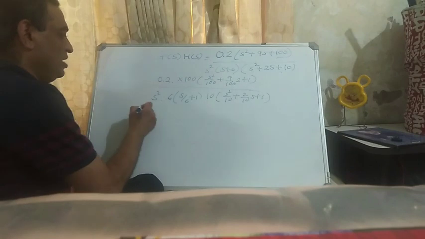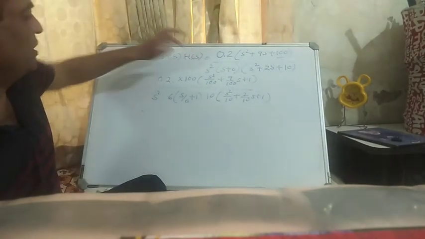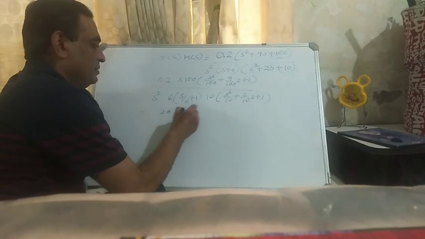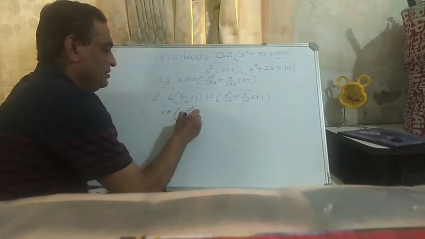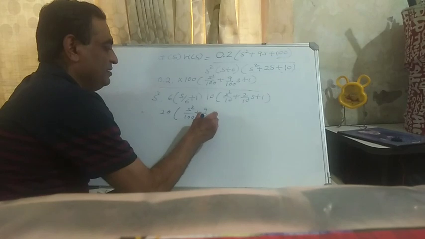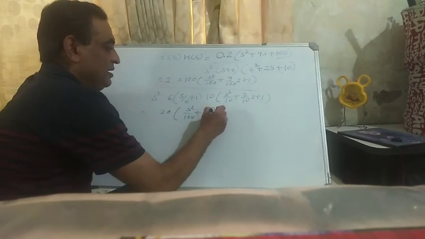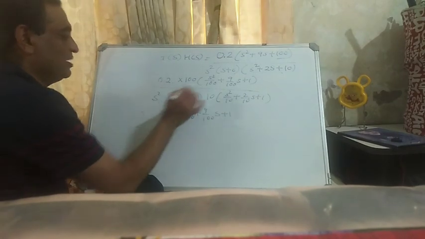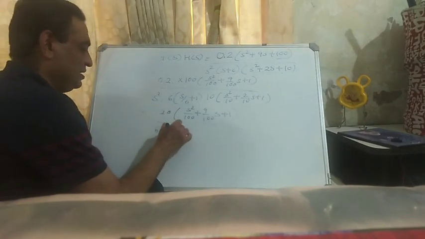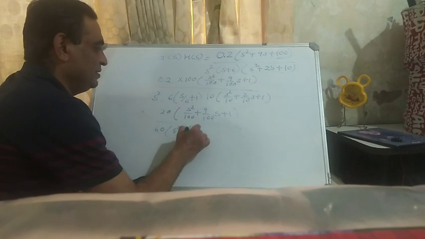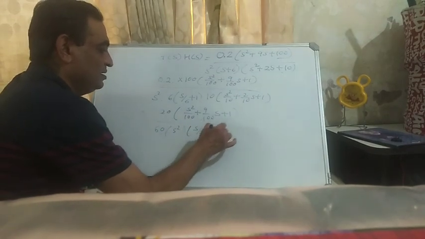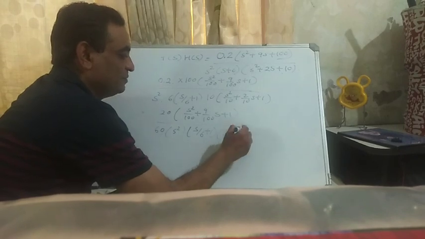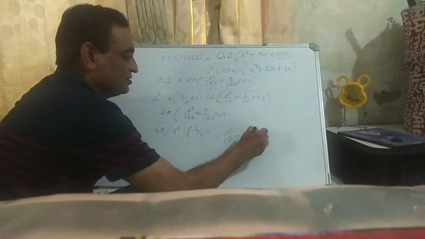So now 0.2 into 100 is nothing but 20, into s square by 100 plus 9 by 100 s plus 1, divided by, I will take 6 into 10 common, so 60 s square, then s by 6 plus 1, then s square by 10 plus 2 by 10, which is 1 by 5 s plus 1.